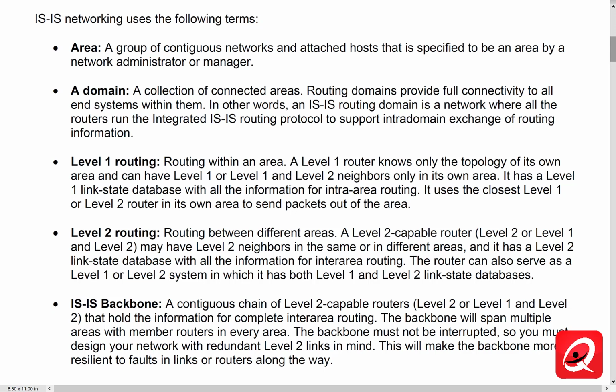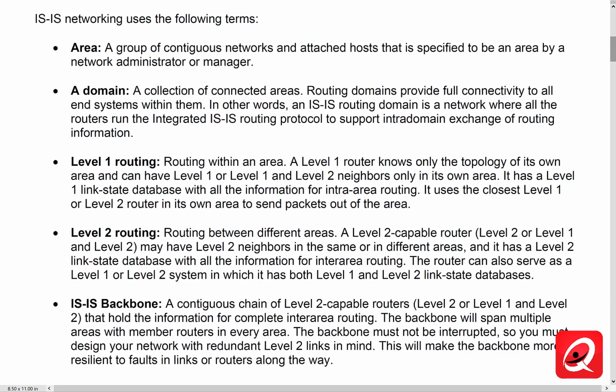We use the closest level 1 or level 2 routers in our own area to send packets out of the area. It would have to actually be an L1/L2 router because the router would still have to be participating in the area. All right.